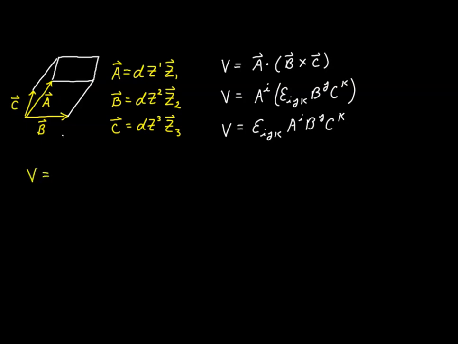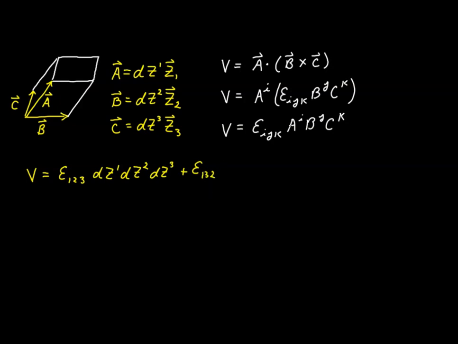So the volume of our figure here, we'll start with the first term, epsilon 1, 2, 3, times A1. A1 is the first component, the one component of vector A, which is dz1. And then B_j would be the second component of vector B, which is dz2. And then the third component of vector C, which is dz3. Okay, that's our first term. So let's form the next permutation, epsilon 1, 3, 2.